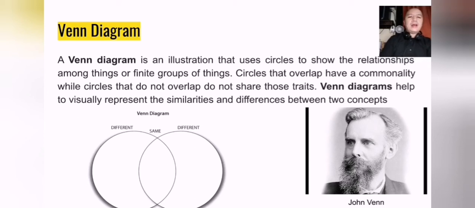The Venn diagram helps to visualize and represent the similarities and differences between two concepts. So, the Venn diagram is a good tool or method for you to use to determine probability and uncertainty. And again, this was developed by John Venn, thus the term Venn diagram.